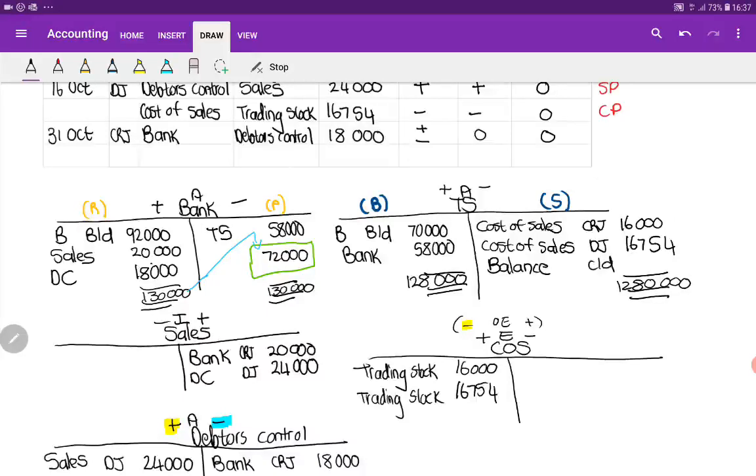Carried down means balance brought down. So 128,000 minus 16,000 minus 16,754 means that we've got 95,246 left over.